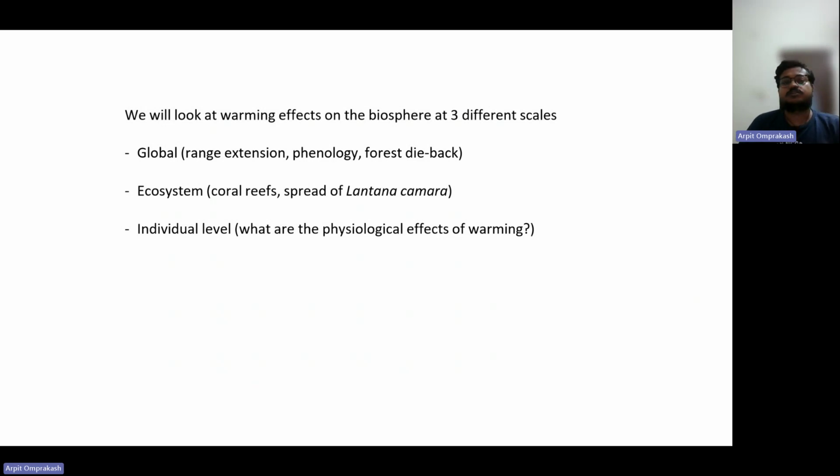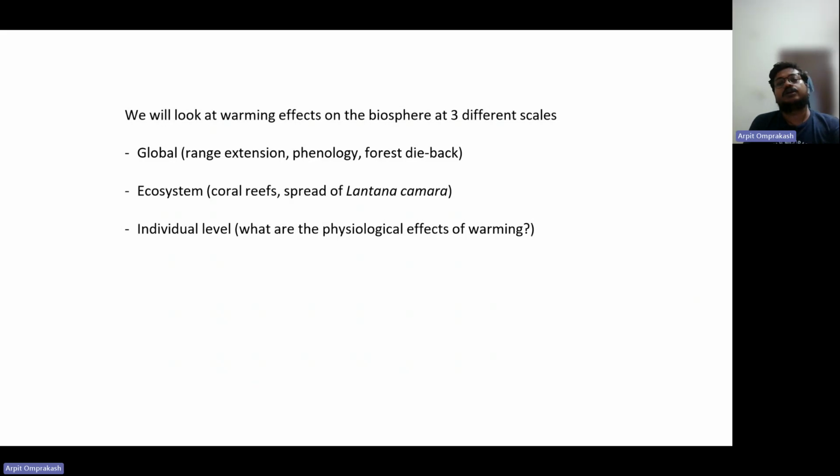For example, birds generally have this thing called the dawn chorus, where they start vocalizing early in the morning, a lot of different birds. Right. If you live near birds, you might have heard dawn chorus early in the morning, right? So phenology is changing in the time of that, or if we look at plants, when things are flowering, right? So the flowering season and so on, change in the flowering season for pollinators, change in the time of laying eggs and so on, right? And the third thing is forest dieback, which we'll talk about, right?